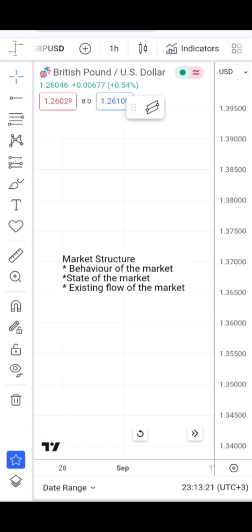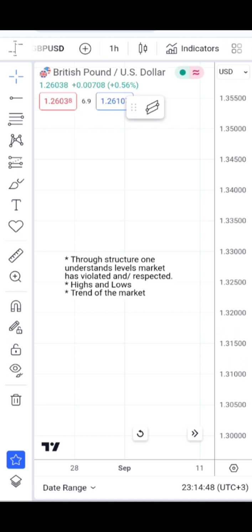So, market structure, in simple terms, is a concept used to highlight the behavior of the market, the state in which the market is at that particular point, and the existing flow of the market.